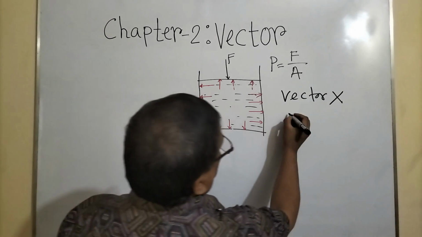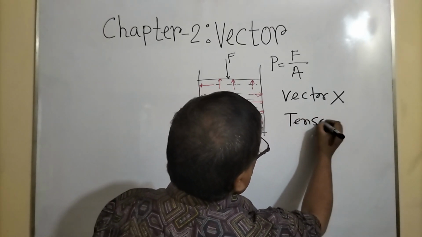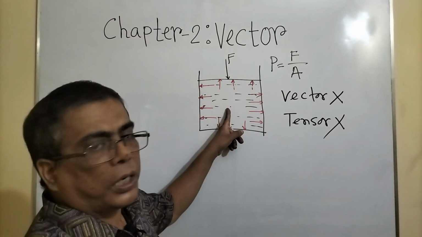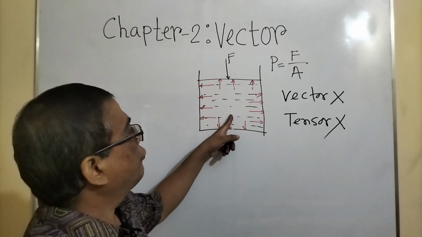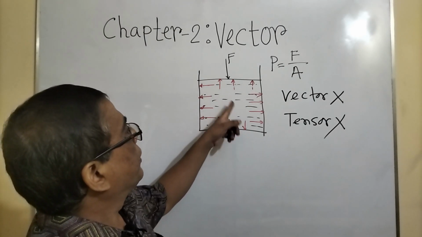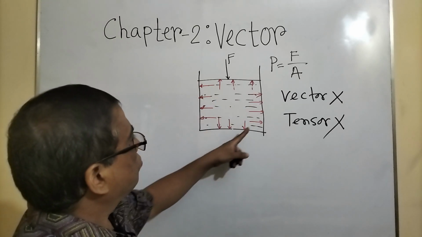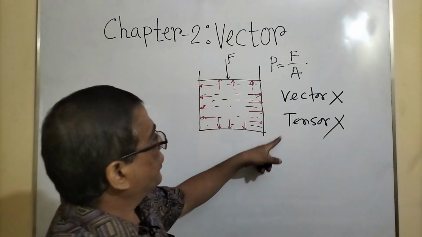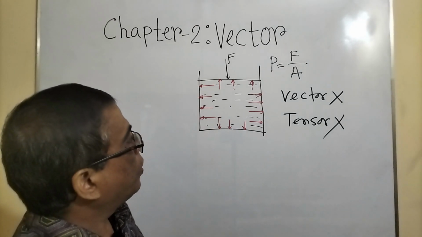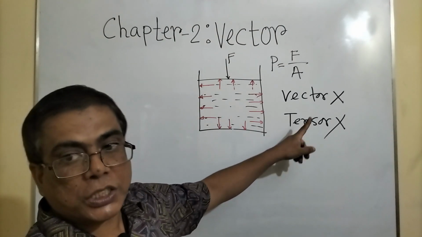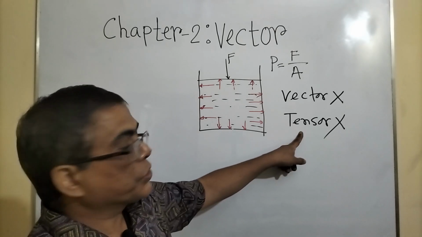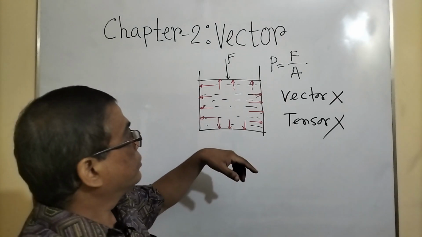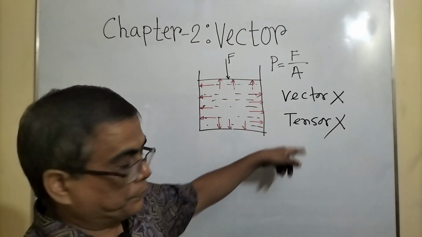It is also not a tensor quantity, because the pressure has only one magnitude and the directions of the acting pressure are different. According to the definition of a tensor quantity, a tensor has different magnitudes and different directions. That's why it is not a tensor quantity.